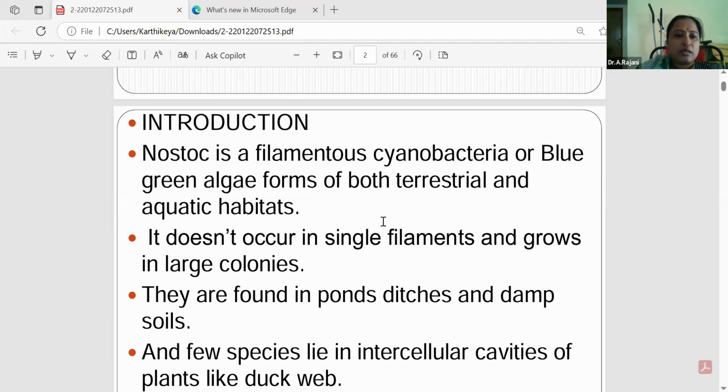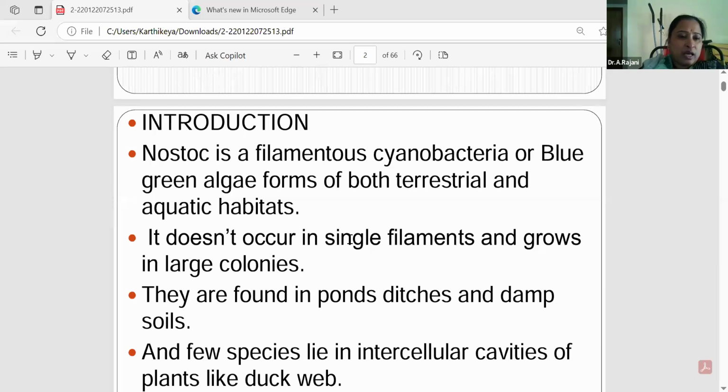Here the type of thallus is the colony. The main feature is that a colony is there. Sometimes these are single filamentous colonies, and large colonies are also present.